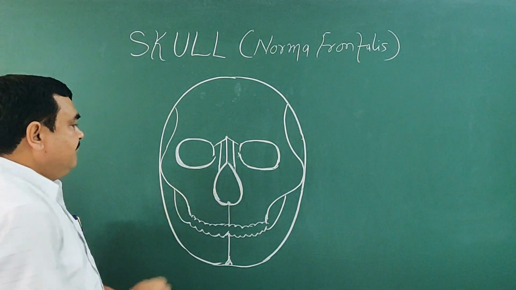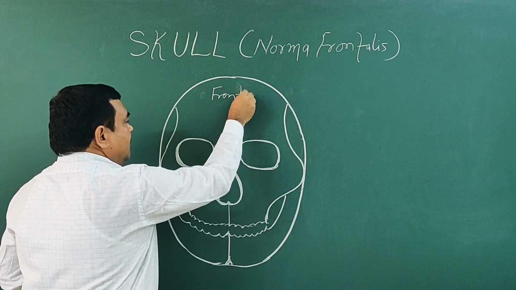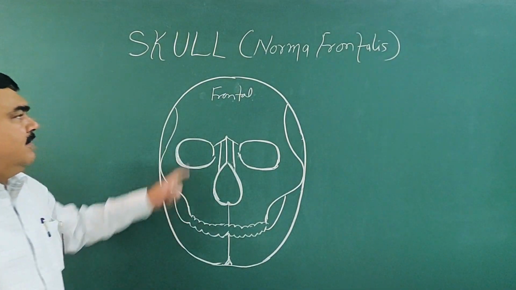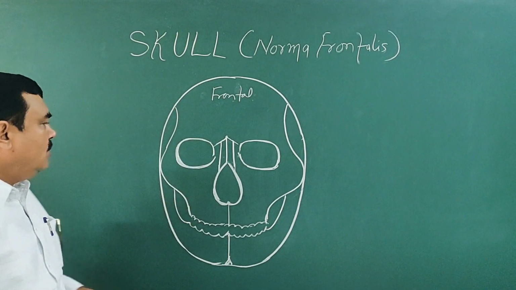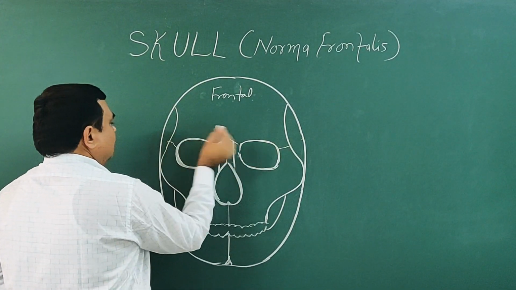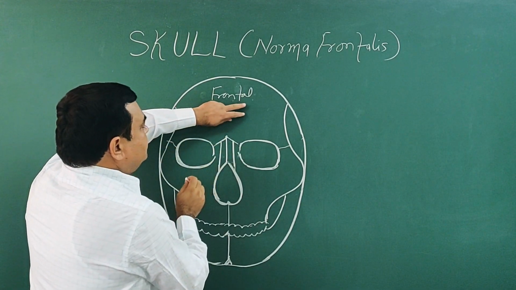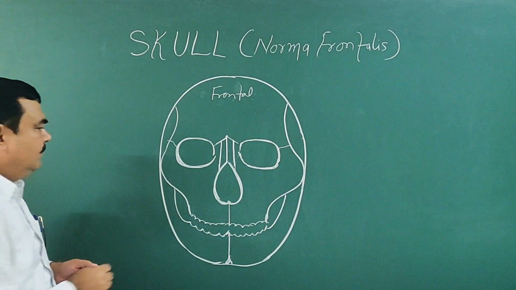So here you can see this bone is the frontal bone. In the anterior view, Norma frontalis, this is the frontal bone. This part is the squamous part of the frontal bone.